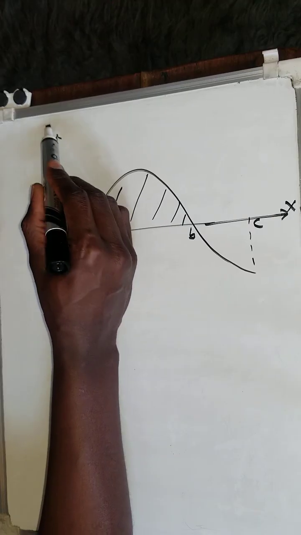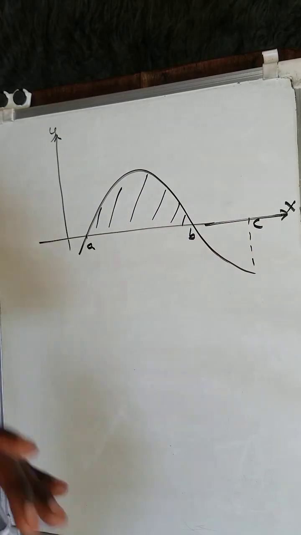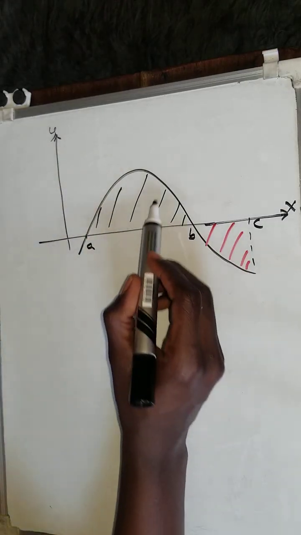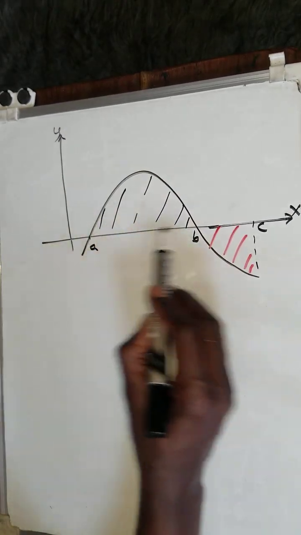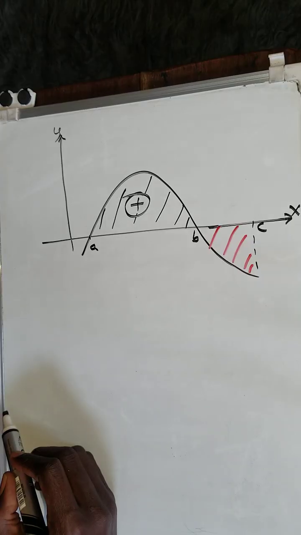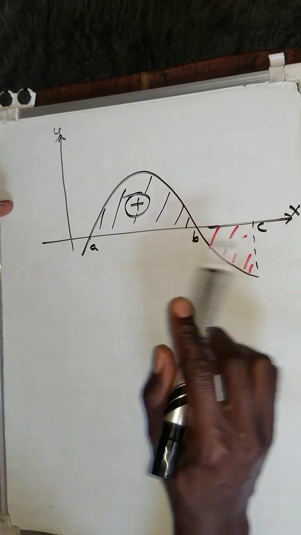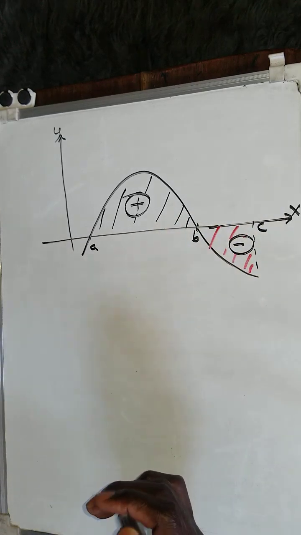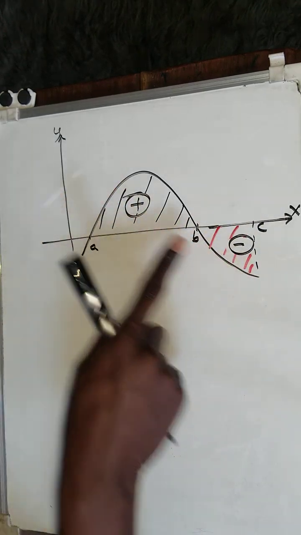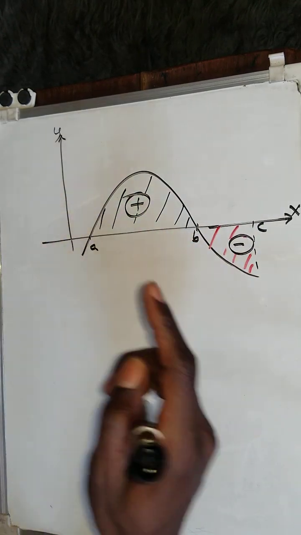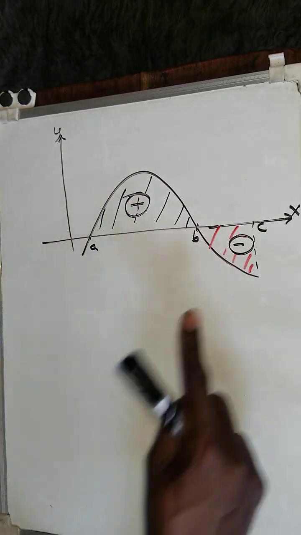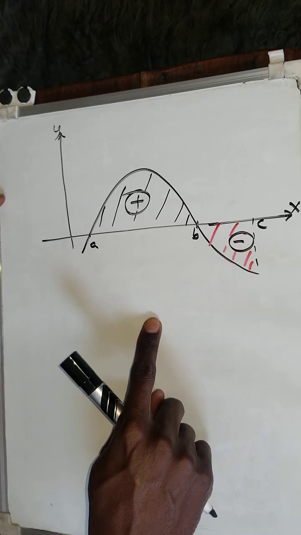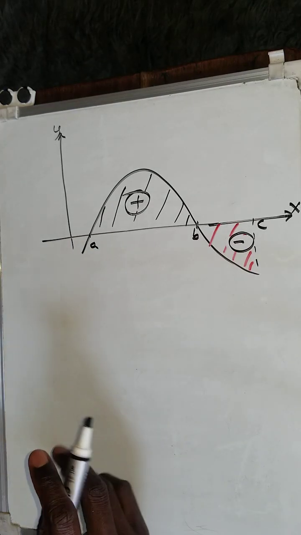Remember, that is the x, that is the y, and let me use a different marker to shade this one here, that is below. This one that is above the x-axis is positive, and this one that is below, from b to c, is going to be negative. So if you want to find the total area, you just add this area plus that area. But remember how to find the area below: you put a negative. So that is the way you can get to do it.